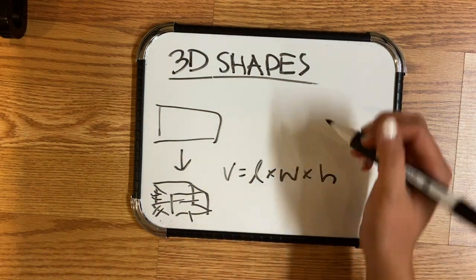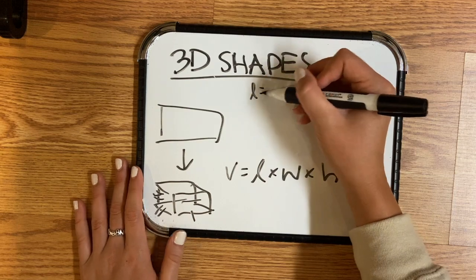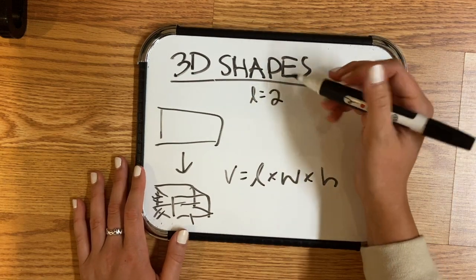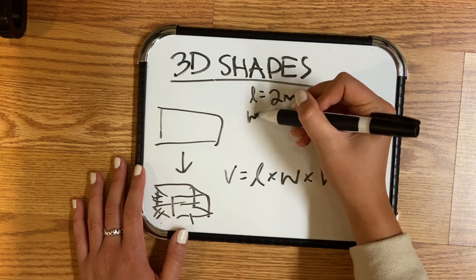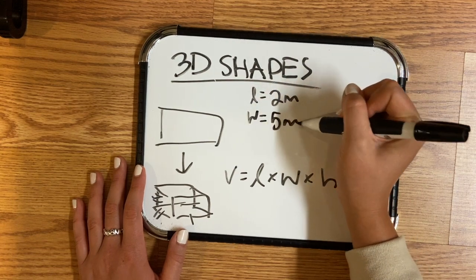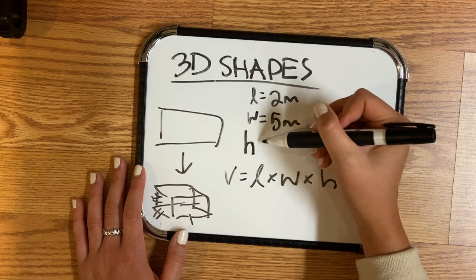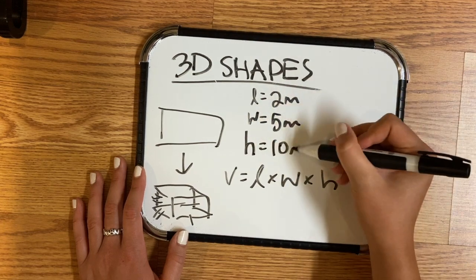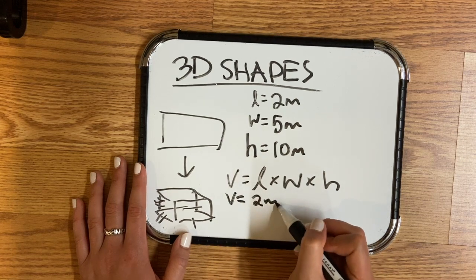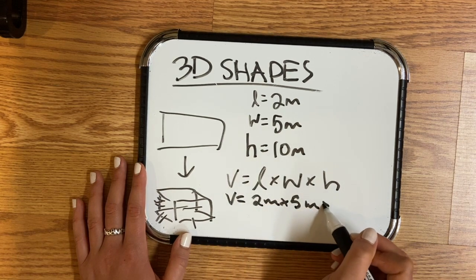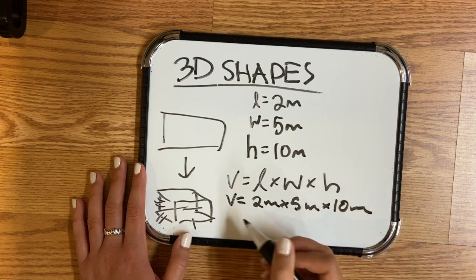So let's say the length was 2 meters, the width was 5 meters, and the height was 10 meters. Well, we just have to multiply 2 meters by 5 meters by 10 meters.